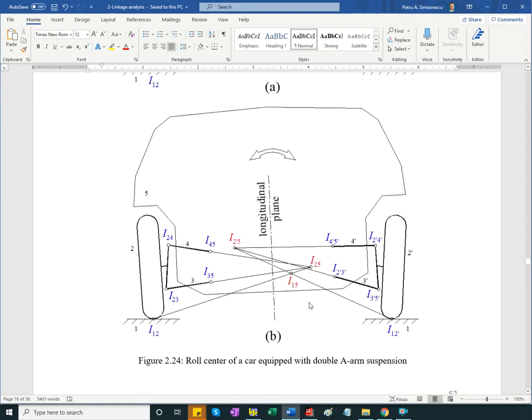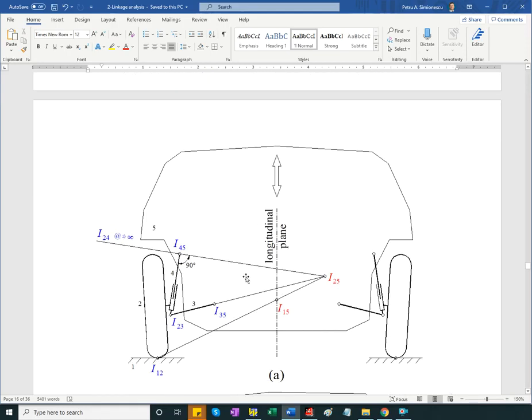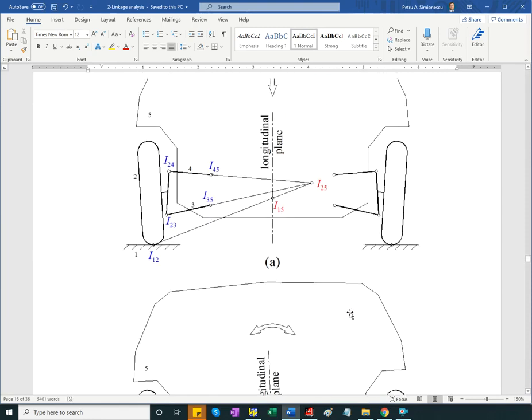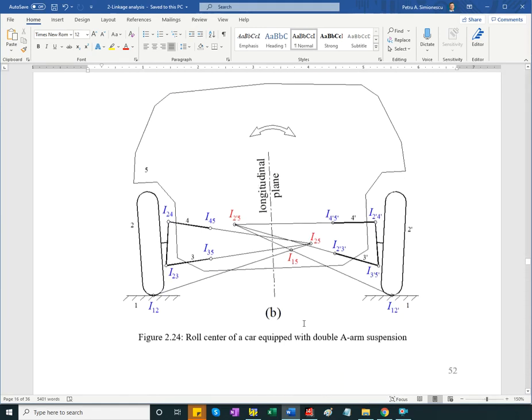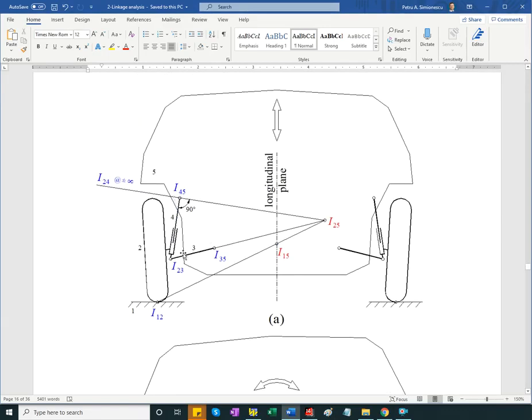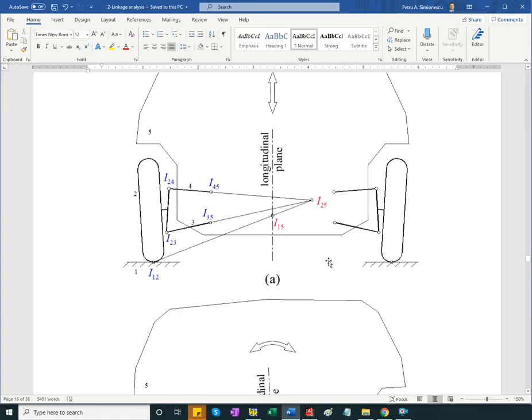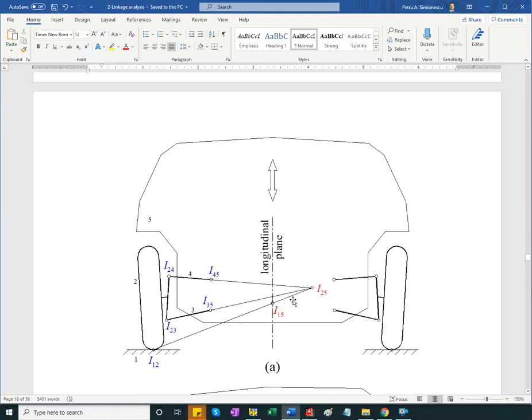The rear axle usually goes the other way, so we can have a 4-link suspension or double A-arm suspension to the rear, and we can have a McPherson to the front. We find the instant center of the car body relative to the ground for the front, and likewise for the rear. And then the line that connects the two is called the roll axis of the vehicle.